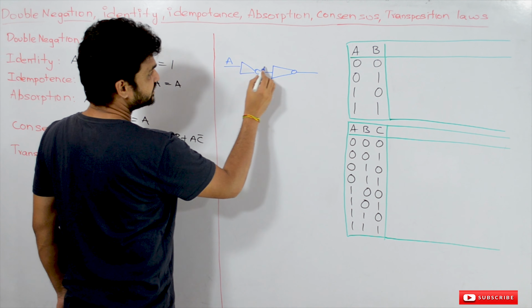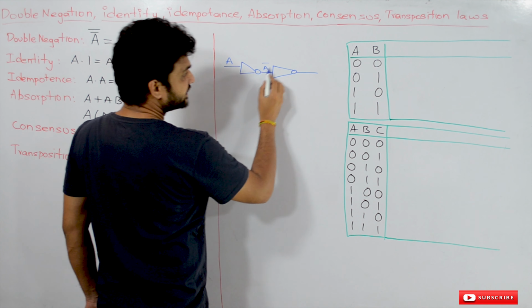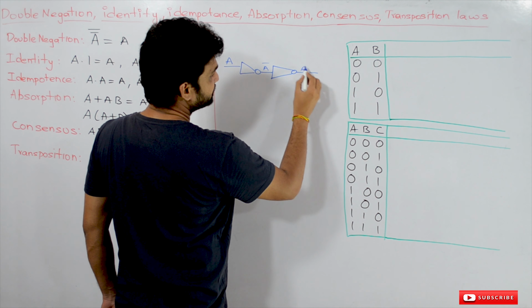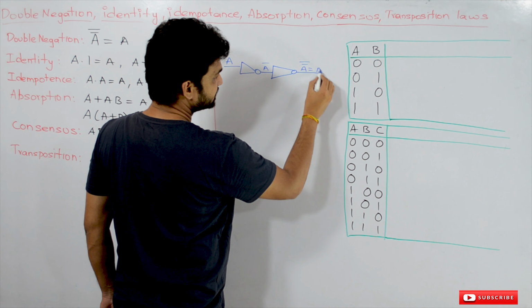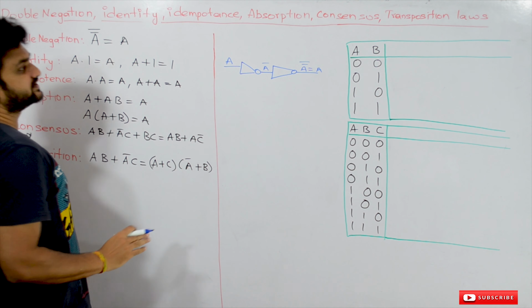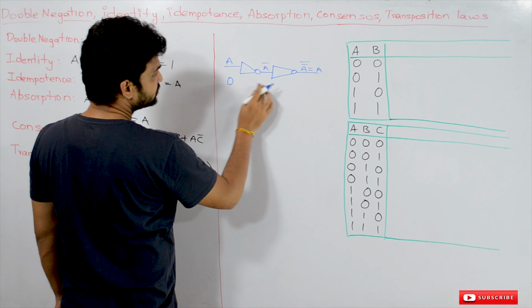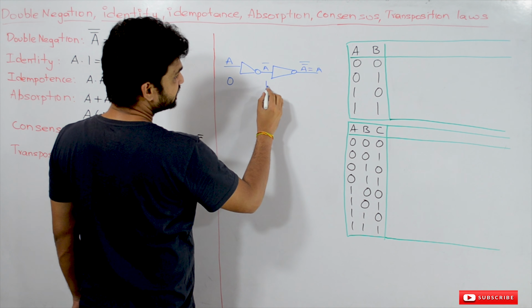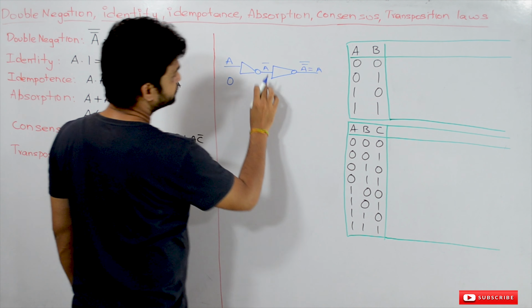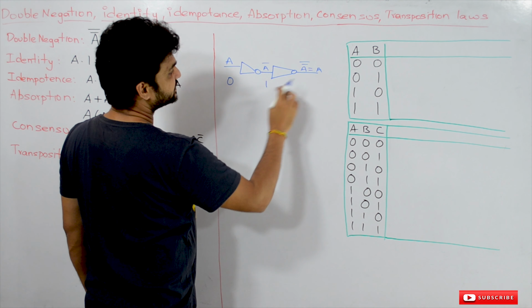So if you generate this, it is a complement, and complementing it again, a complement whole complement is going to be a. How does it get that? For example, if you take 0, the complement will be 1, and again we have to complement it. The output of this a complement has to be complemented again.